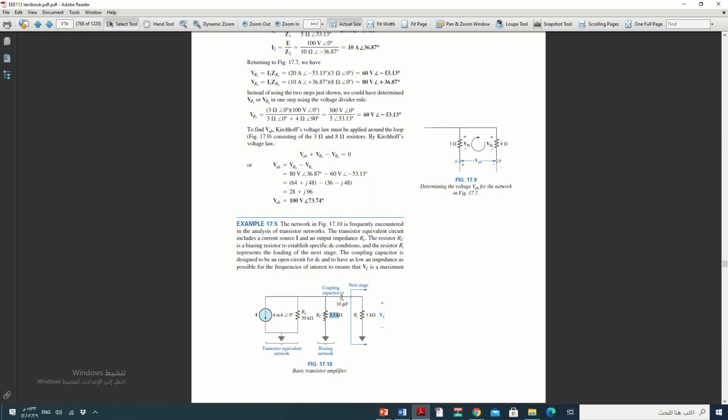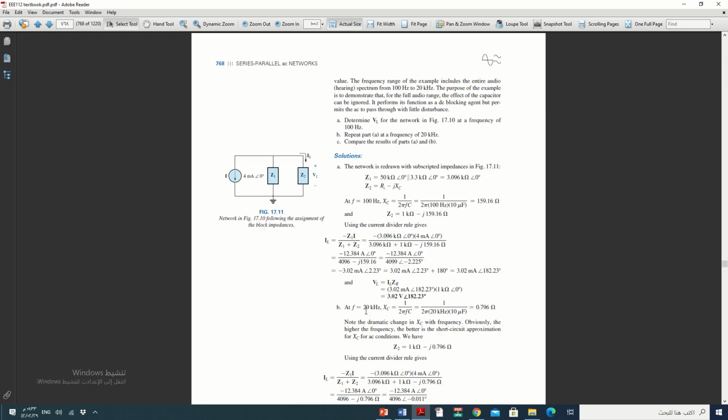It will be Z1, and ZC and ZRI will be Z2 in series. Okay, now we can easily substitute. You will find Z1. For Z2, we need to find XC before we add it with RI, because the frequency now is 100 hertz.